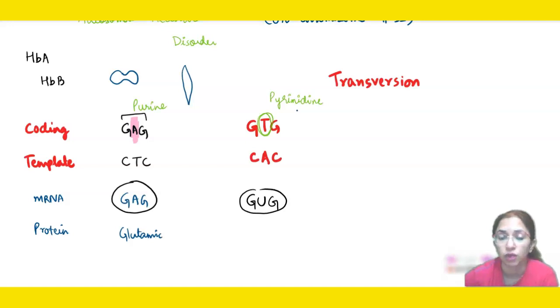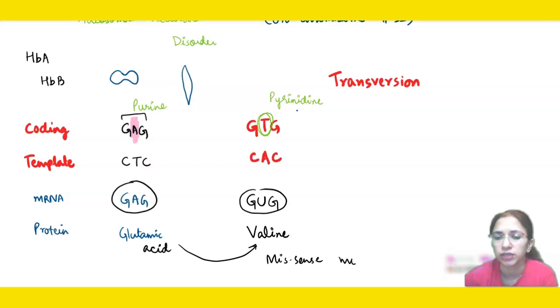Let's see what amino acid is coded by this codon. So it is valine. Earlier it was glutamic acid which was coded by GAG. Now it is valine. So the amino acid has been changed. And this can also come under missense mutation, because in missense mutation the amino acid is changed.